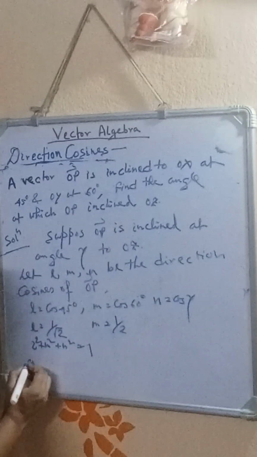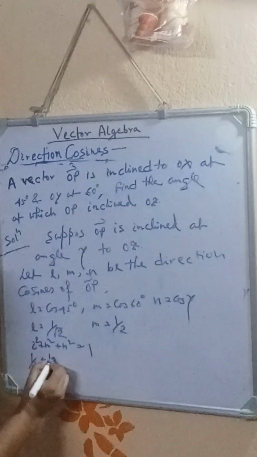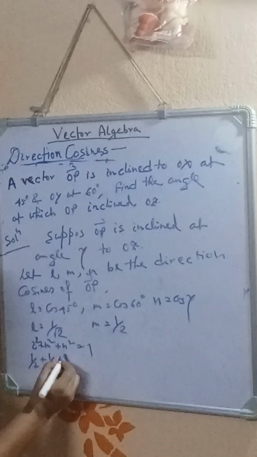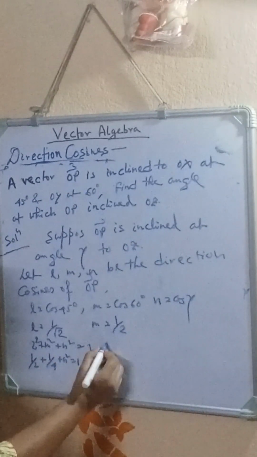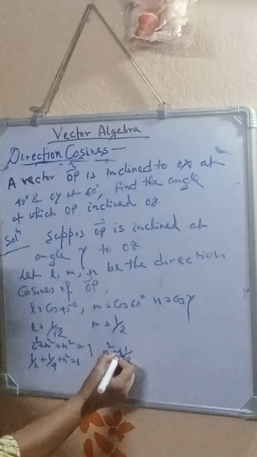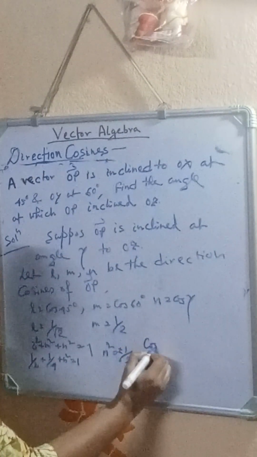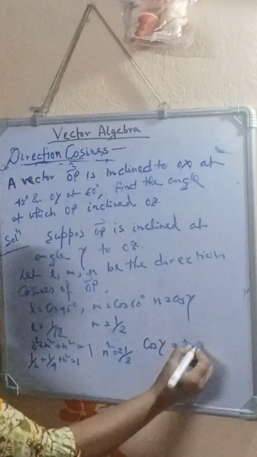Therefore, l square equals 1 by 2, m square equals 1 by 4, plus n square equal to 1. Therefore, n square equal to 1 by 4, so cos gamma equals plus or minus half.